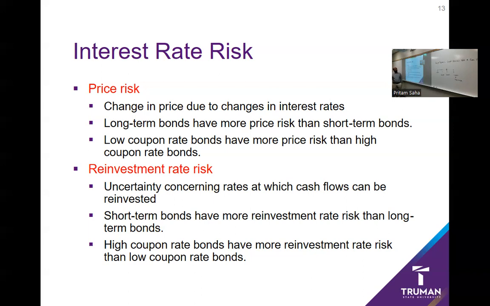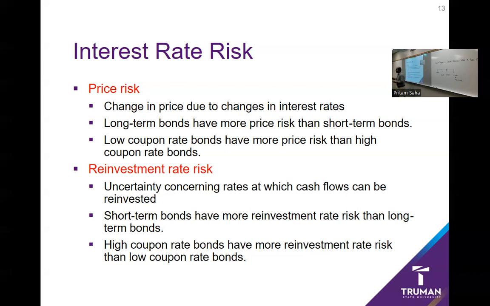Long-term bonds have more price risk than short-term bonds. Why? If the bond is for 10 years versus 3 years, it is far more possible that interest rates will fluctuate a lot. It is far more possible you have to trade, you have to sell off, right? And there is one other reason why long-term bonds have higher price risk than short-term bonds.